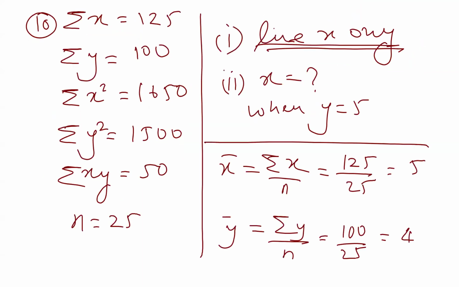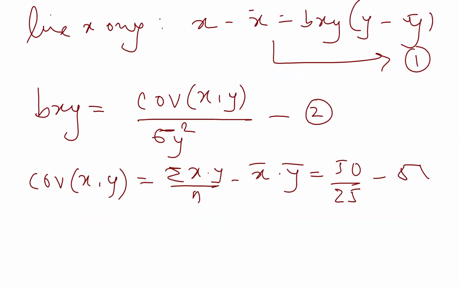Luckily x bar and y bar are integers. If they are decimal numbers, I would insist don't take decimals right at the beginning. Keep it in fraction, because we want more accuracy while solving the problems. So this is 5 into 4. So this will be 2 minus 20, which is equal to negative 18. So we got the value of covariance of xy.